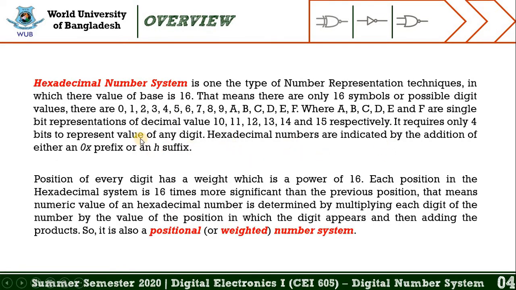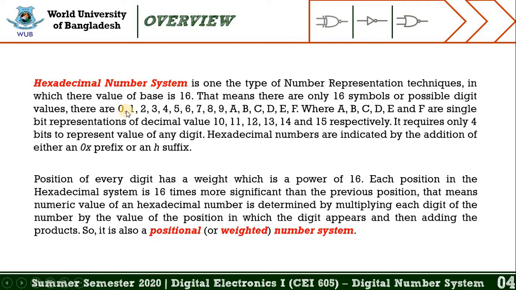First, we would like to learn the overview of the hexadecimal number system. So let's start. The hexadecimal number system is one of the types of number representation techniques in which the value of the base is 16. That means there are only 16 symbols or possible digit values.